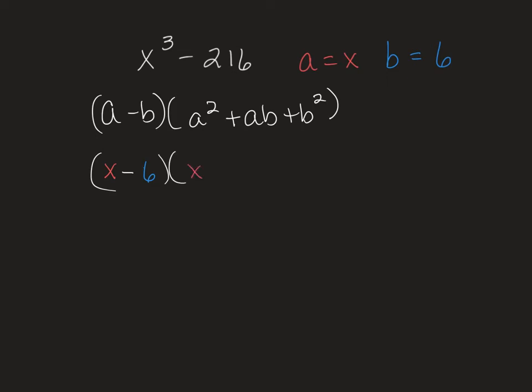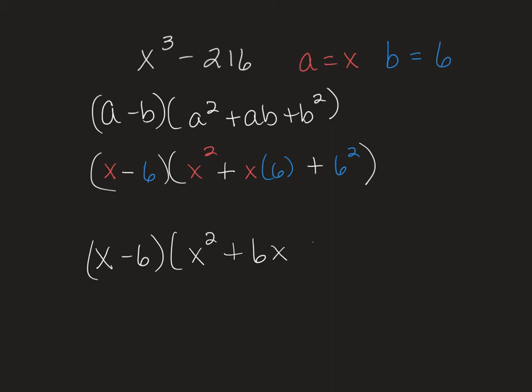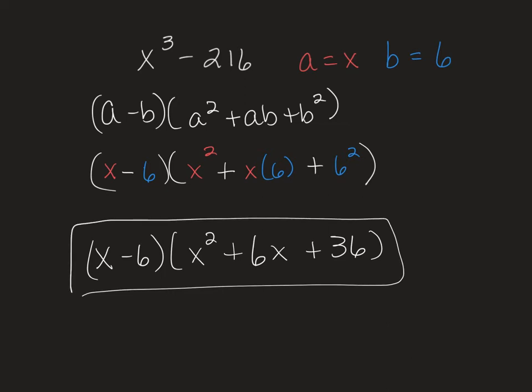Then we have x squared plus x times 6 plus 6 squared. We're going to clean that up and simplify it. It's x minus 6, x squared plus 6x plus 36. And again, that is my factored form.